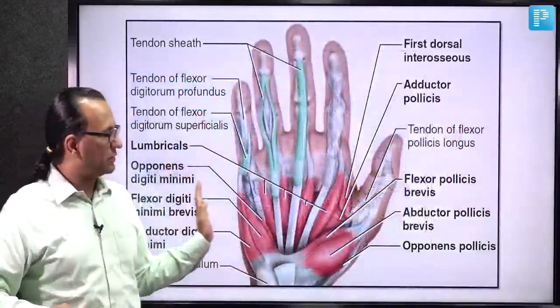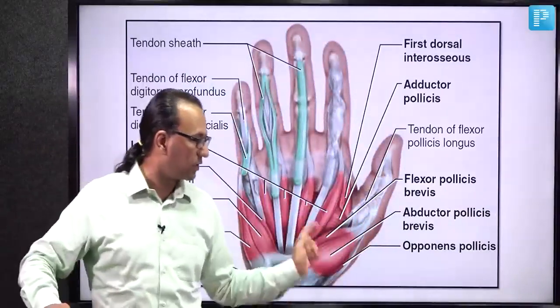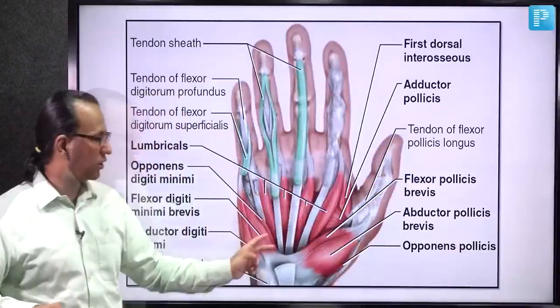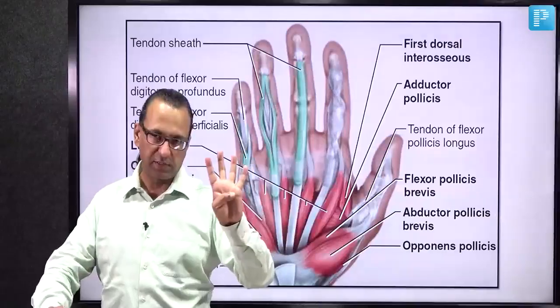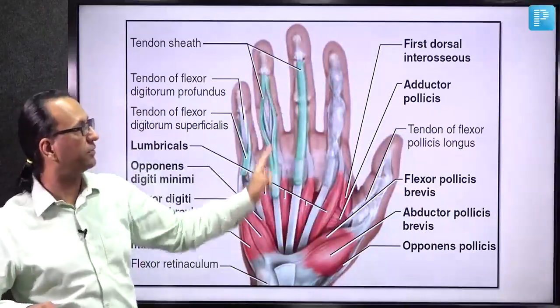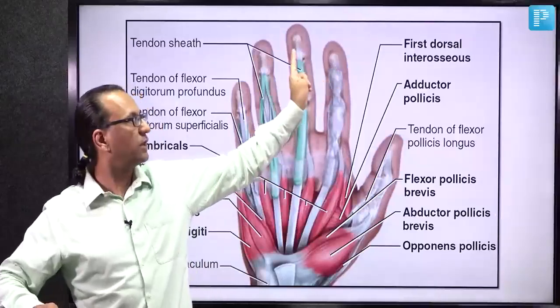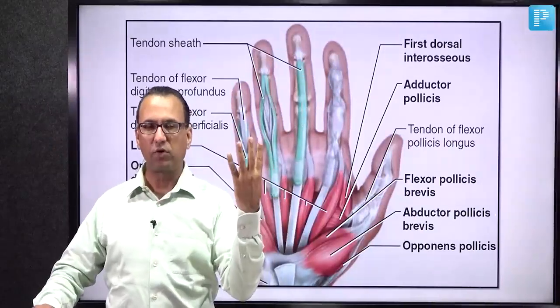As we discuss the muscles in the hand, there are about 20 muscles, and some of them are towards the thumb, the thenar muscles, some are towards the little finger, the hypothenar muscles. Then there are 4 lumbricals, which will be coming from the tendons of the flexor digitorum profundus, which is attaching to the base of the distal phalanx, and then there are 4 palmar interossei and 4 dorsal interossei.